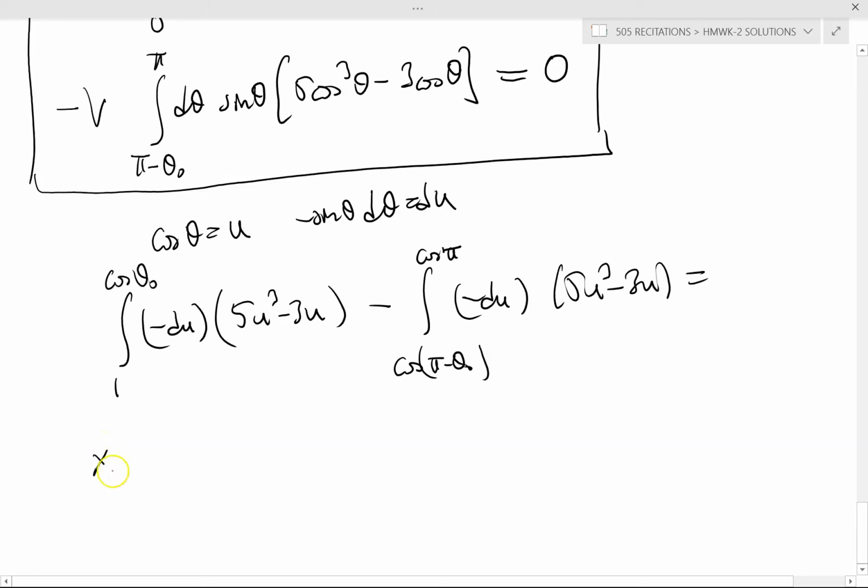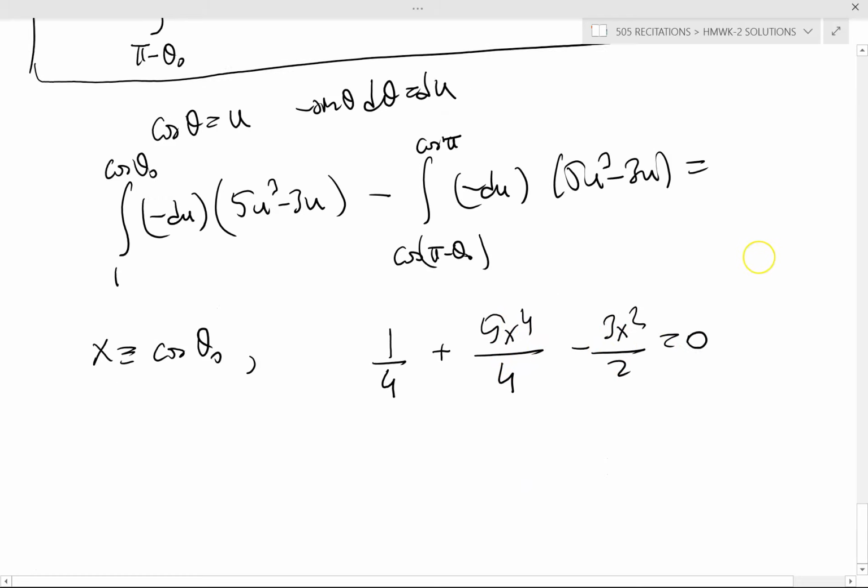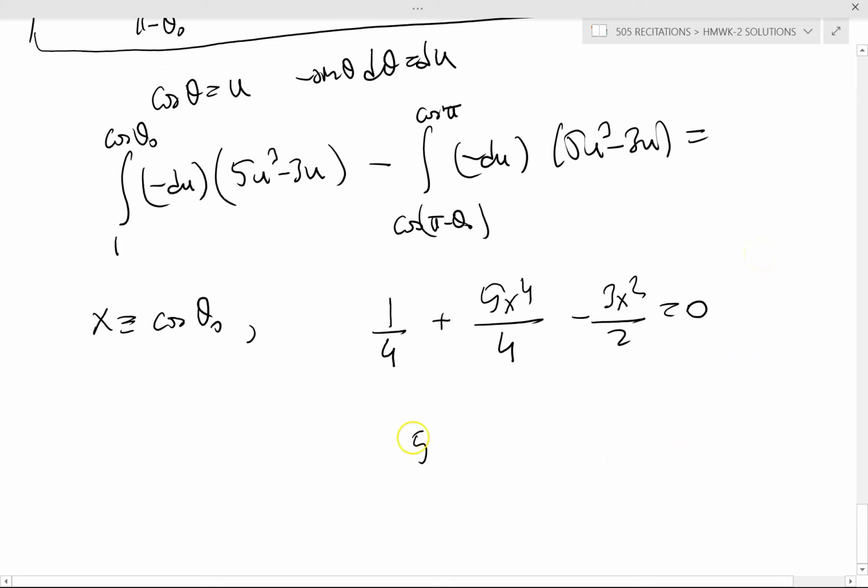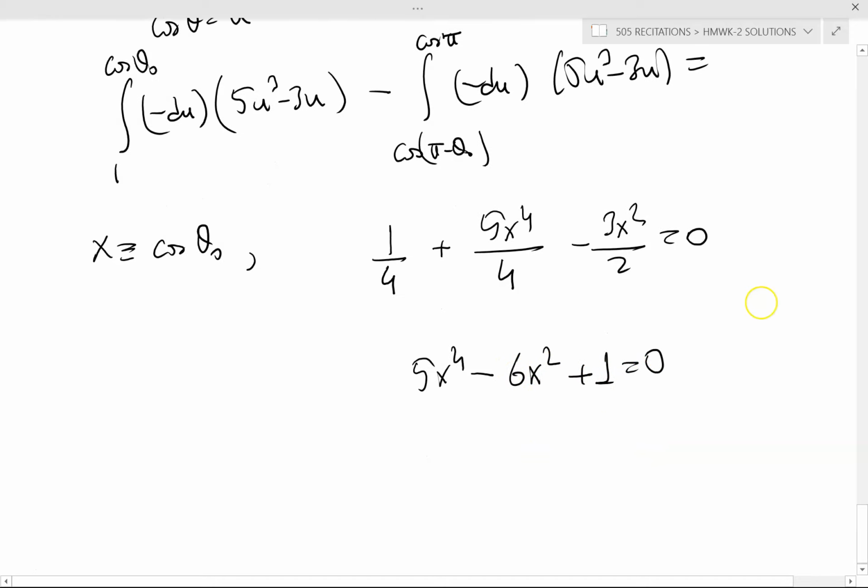Let me write it down as cosine theta 0, x. So 1 over 4 plus 1 over 4 minus 3x squared divided by 2. Okay, and that gives us this equation.